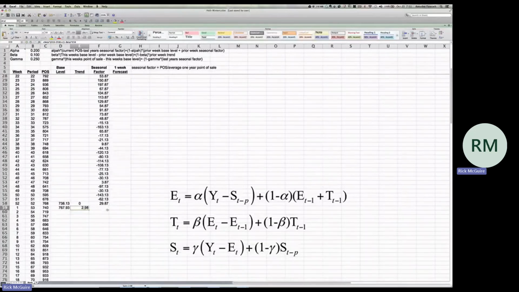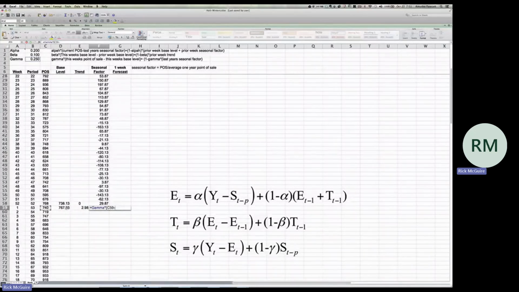Now last but not least, we'll do the same thing for the seasonal factor. And here we'll use gamma as a weighting factor, also called a smoothing constant. Now again, we find two different ways of estimating the seasonal factor. The first way would be to take the associated actual POS observation of 740 units in this case and subtract from it the associated base level estimate.